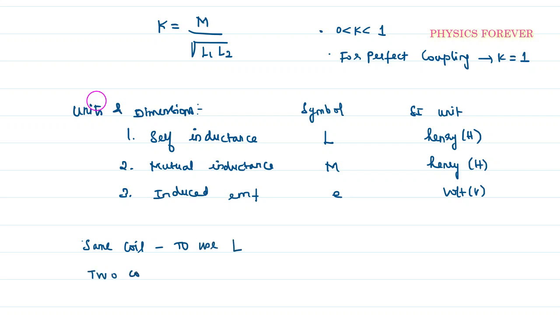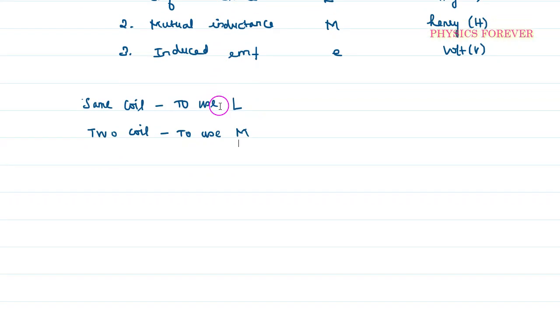If there are two coils, that is mutual inductance. Faster change in current gives larger EMF, as we discussed in the last classes. The negative sign means it opposes, and the unit of both self inductance and mutual inductance is Henry. These are the points you have to remember.